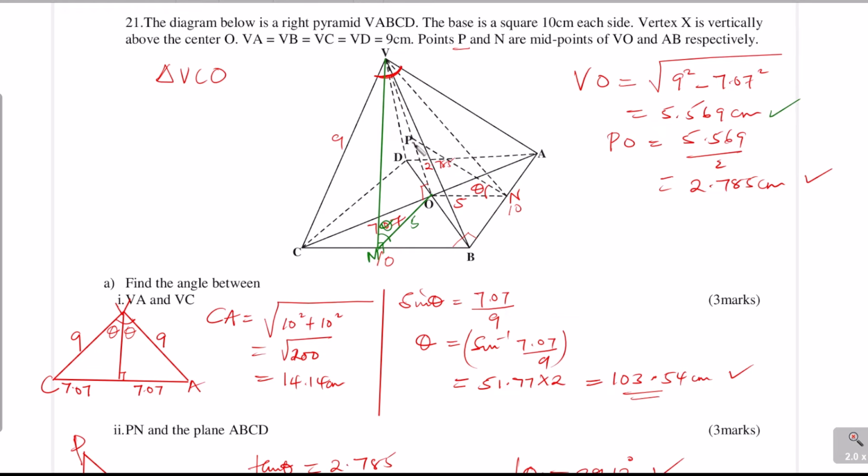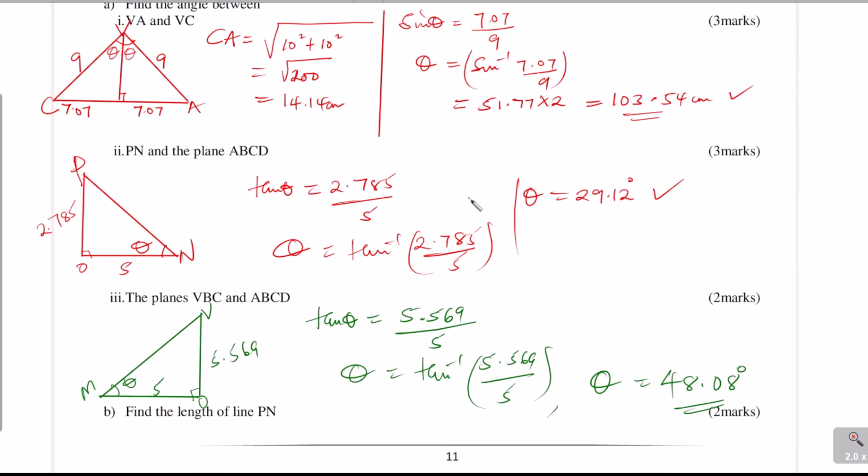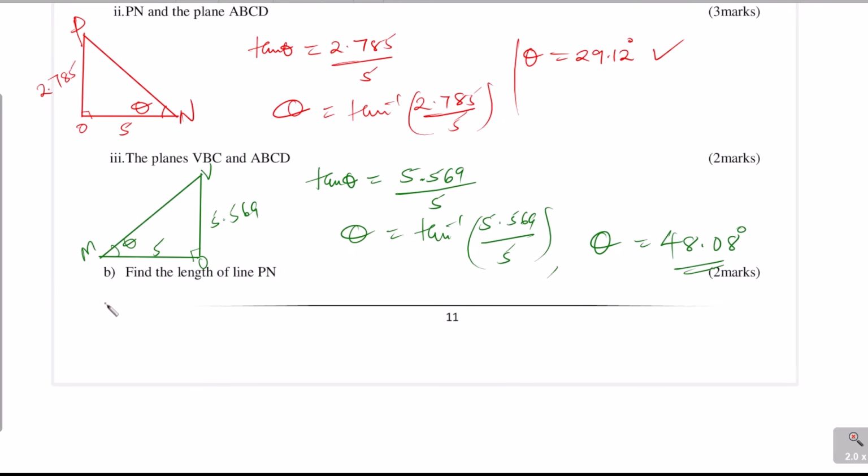So it is very easy if I extract this triangle PON. So let me extract it here. Triangle PON. So here it is.